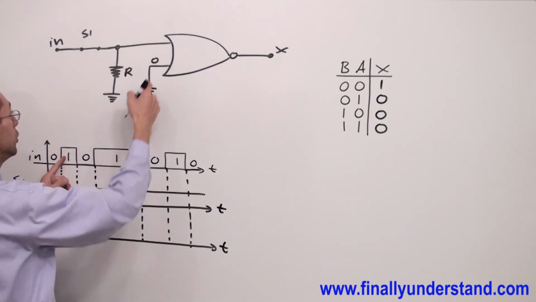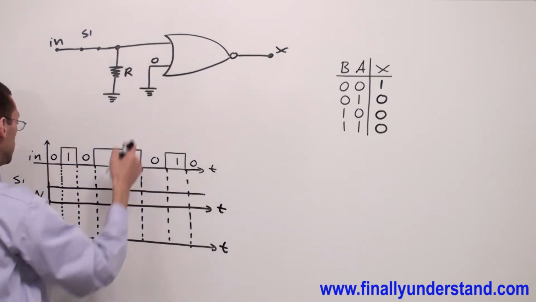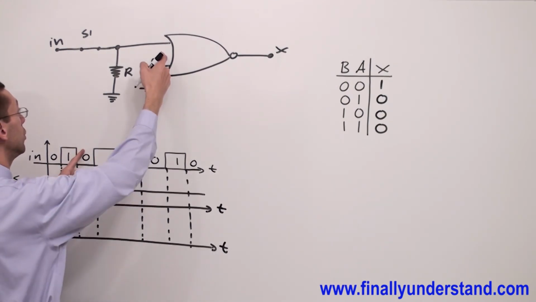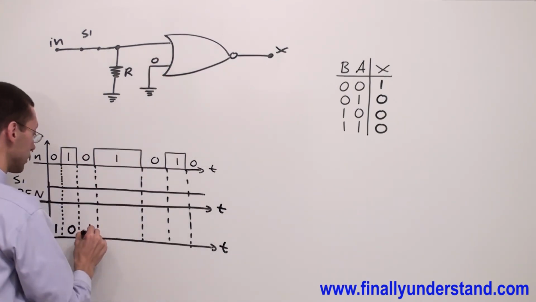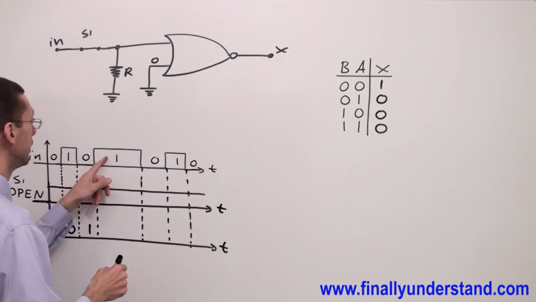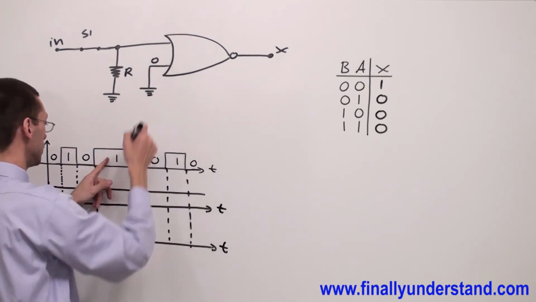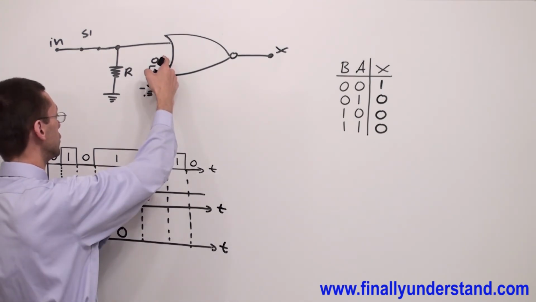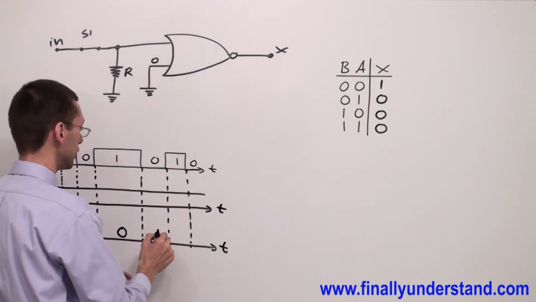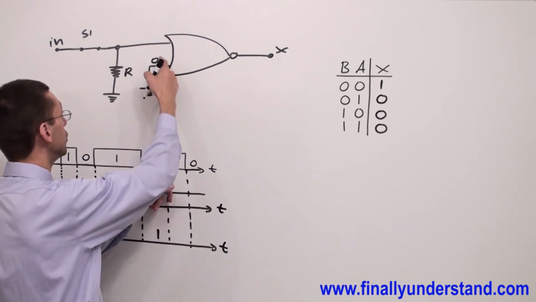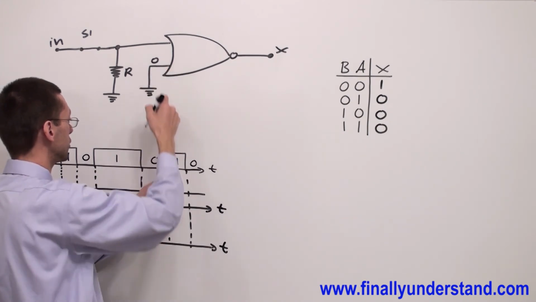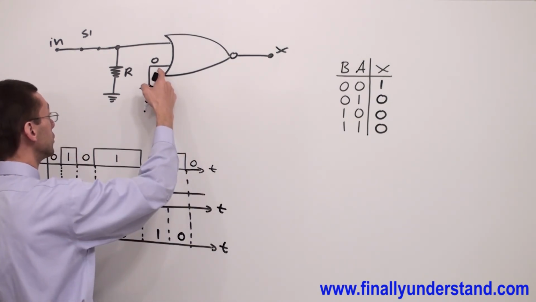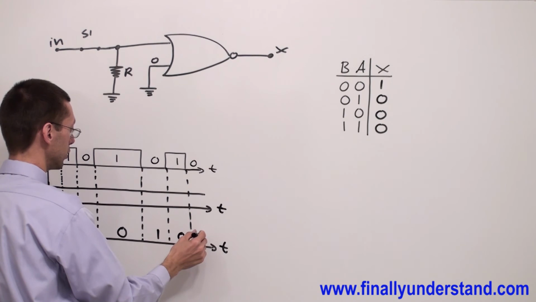So 1 NOR 0 gives me 0. 0 NOR 0 gives me 1 according to the truth table. 1 NOR 0 gives me 0. 0 NOR 0 gives me 1. 1 NOR 0 gives me 0. And 0 NOR 0 gives me 1.